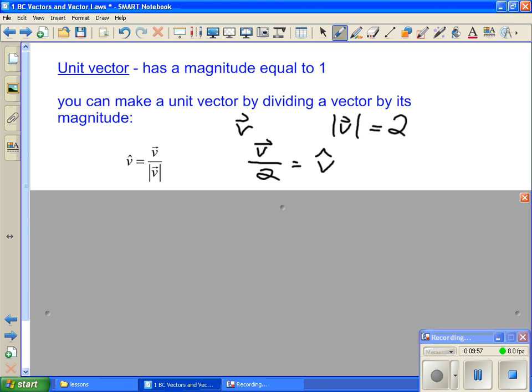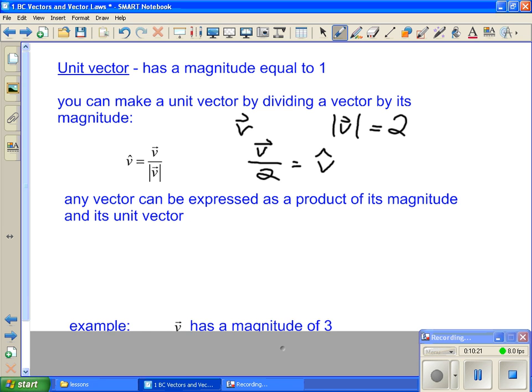And the reason you use unit vectors is sometimes you're only interested in the direction that a vector is pointing. Vectors have magnitude and direction. If you want to talk about the magnitude, you use this absolute value here, and that picks out the magnitude of the vector. If you just want to talk about the direction the vector is pointing in, that's when you use the unit vector.